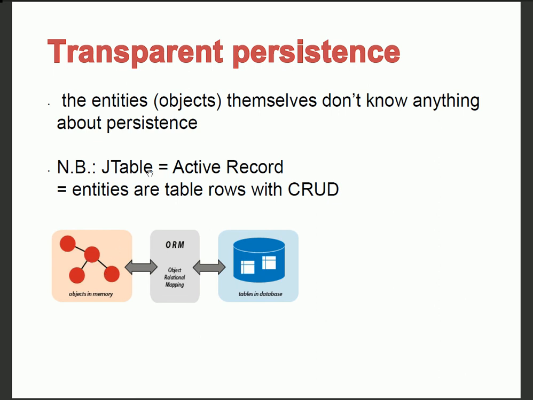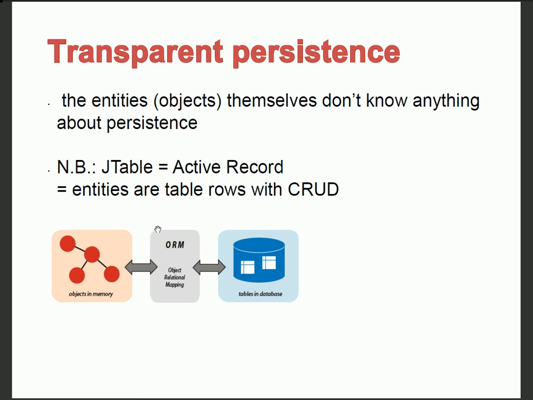In Joomla, you now have JTable, which is an active record implementation. That means that the table rows are one-to-one related to the items in your model, and those items have CRUD possibilities, so that you can save things in the database because they are one-to-one related to the tables.